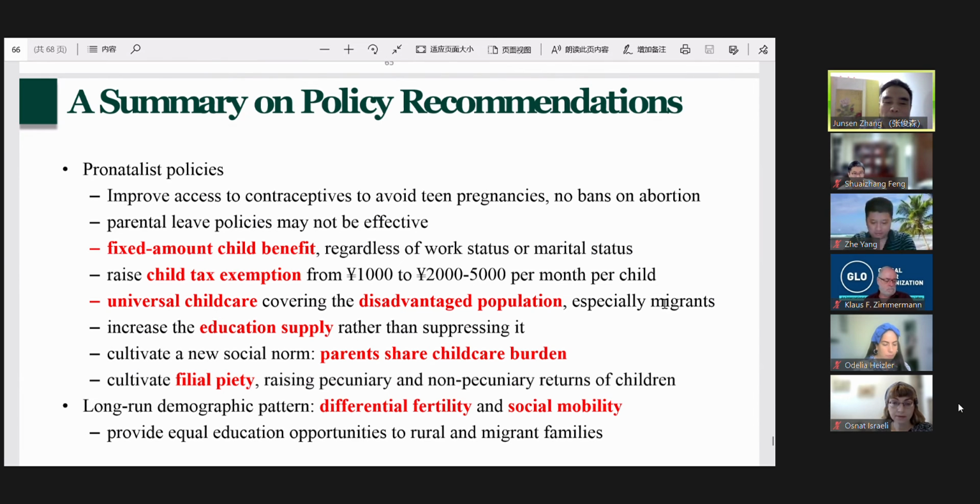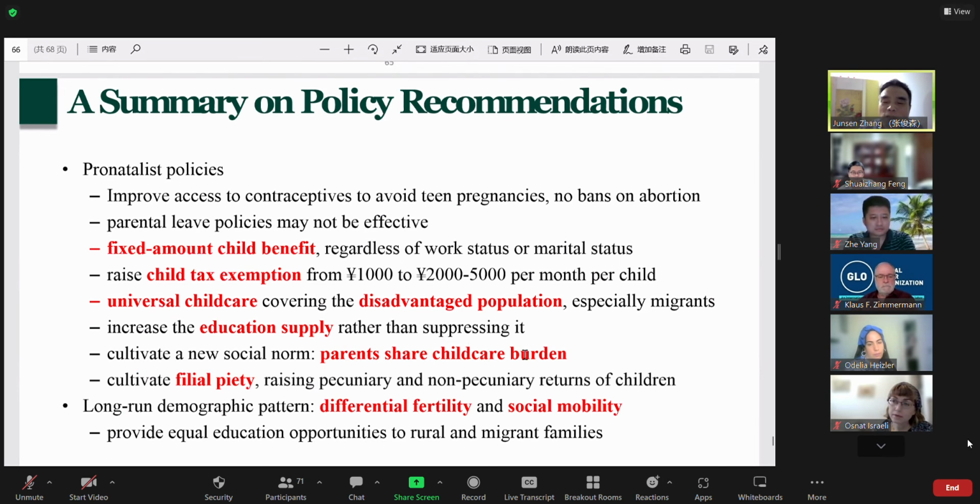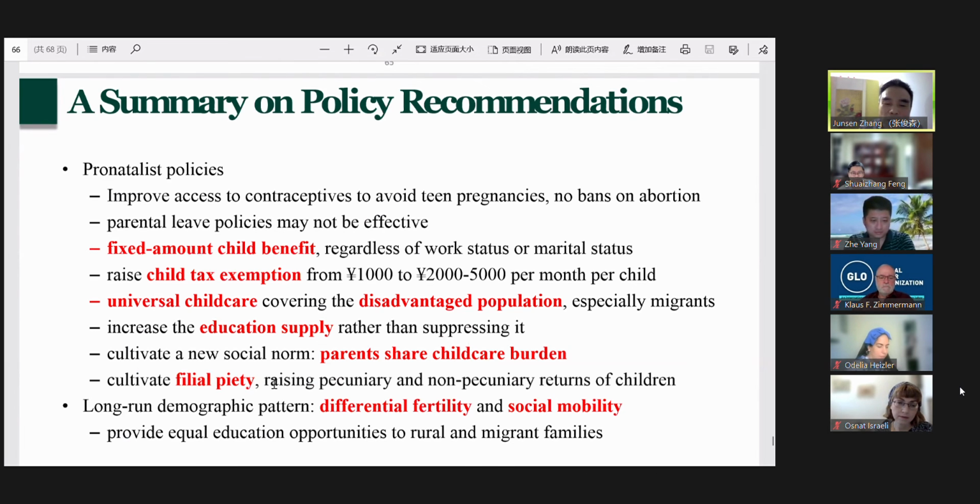And we should increase the education supply rather than suppressing it. And we should cultivate a new social norm: parents share child care burden. Three generations: grandparents, parents, and children. And we should cultivate filial piety, raising pecuniary and non-pecuniary returns of education.